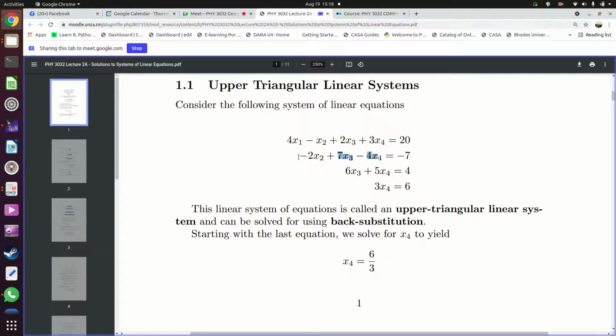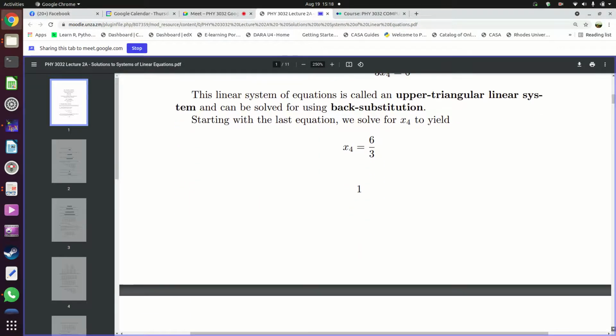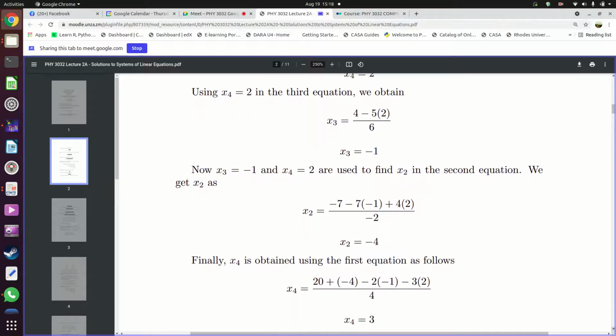Then if you divide by minus 2 on both sides, you end up with x2 equals (minus 7 minus 7x3 plus 4x4) divided by minus 2. So your x2 equals minus 7, then your x3 is what we put here, minus 1, then plus 4 times your x4, which we put here as a 2, then you divide this whole thing by minus 2, and you end up with x2 equals minus 4.